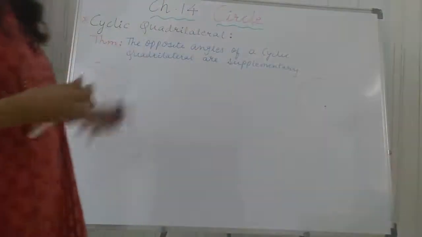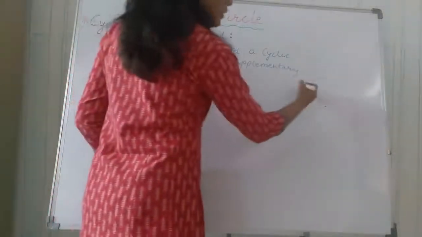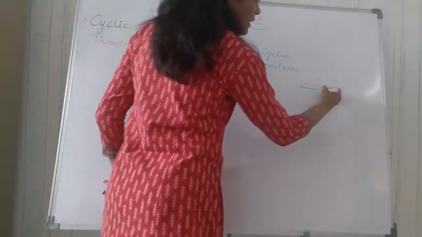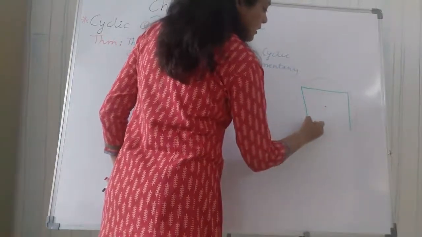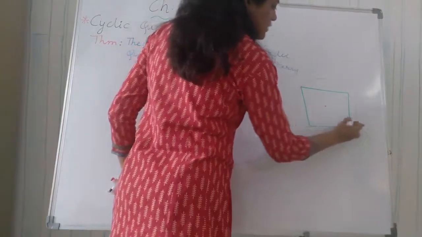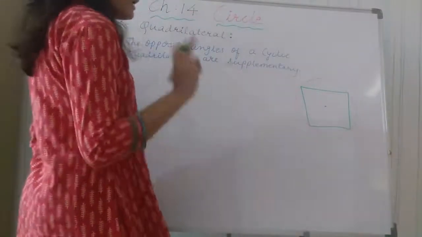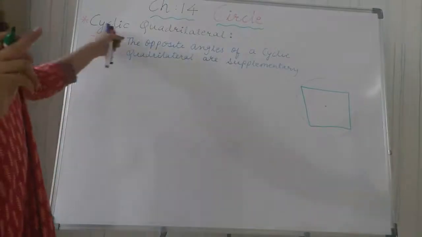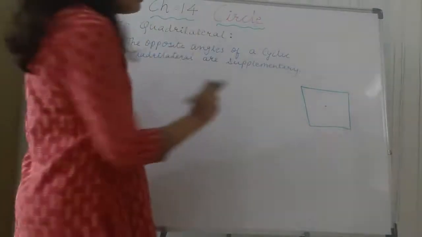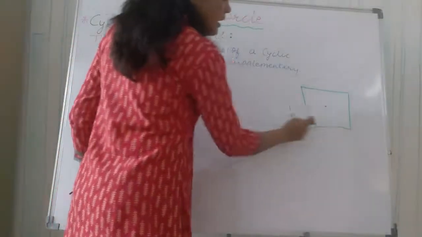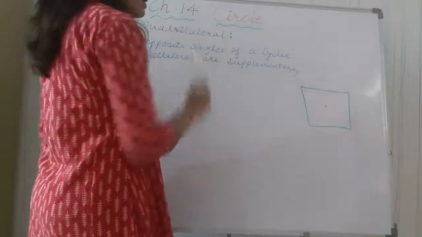Now a cyclic quadrilateral means a quadrilateral whose all four vertices lie on the circle, or the circumference of the circle. Again I am repeating, a quadrilateral whose all four vertices lie on the circle is called a cyclic quadrilateral.